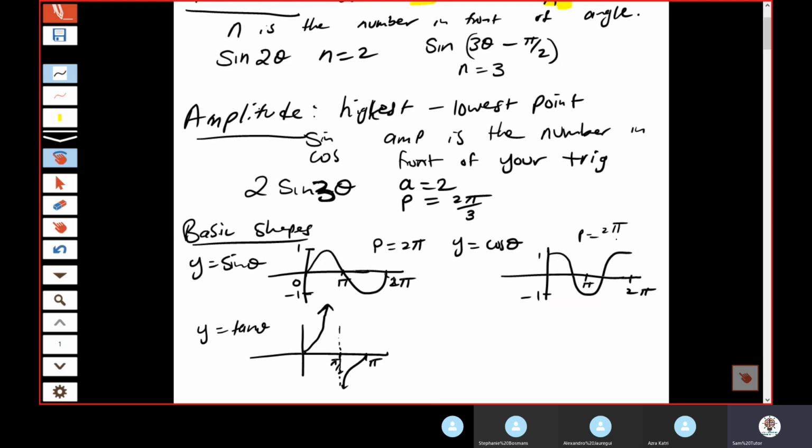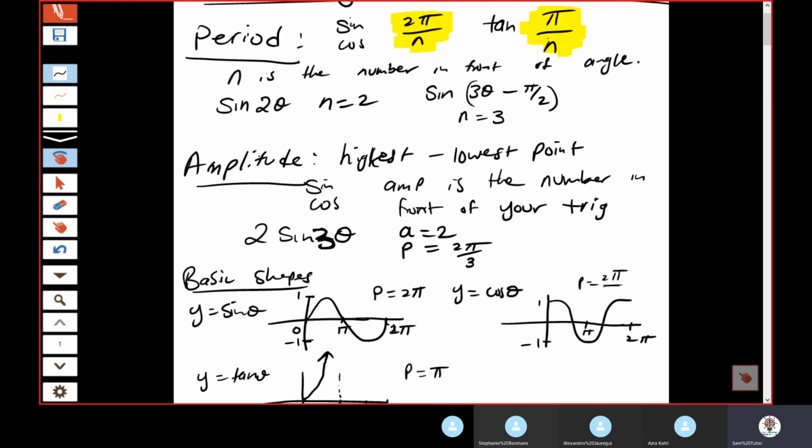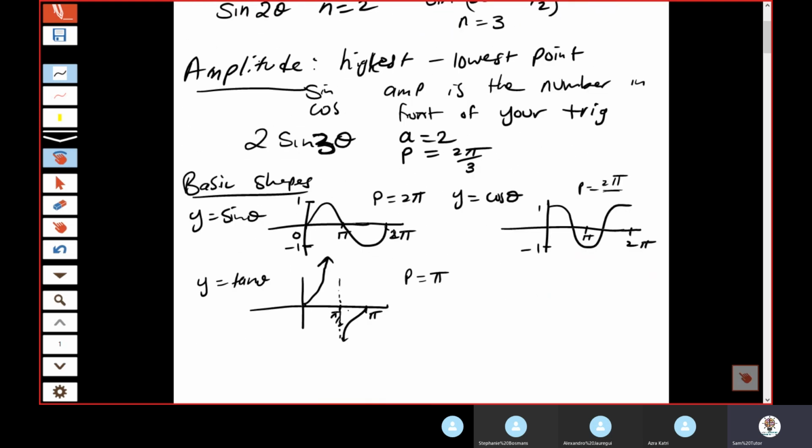If my period was pi, I should see one cos every pi. That's how we read periods. Period is pi on n. I should see 1 tan, which is this shape, every pi. Okay, if you can say it the way I'm saying it, I don't see you going wrong.